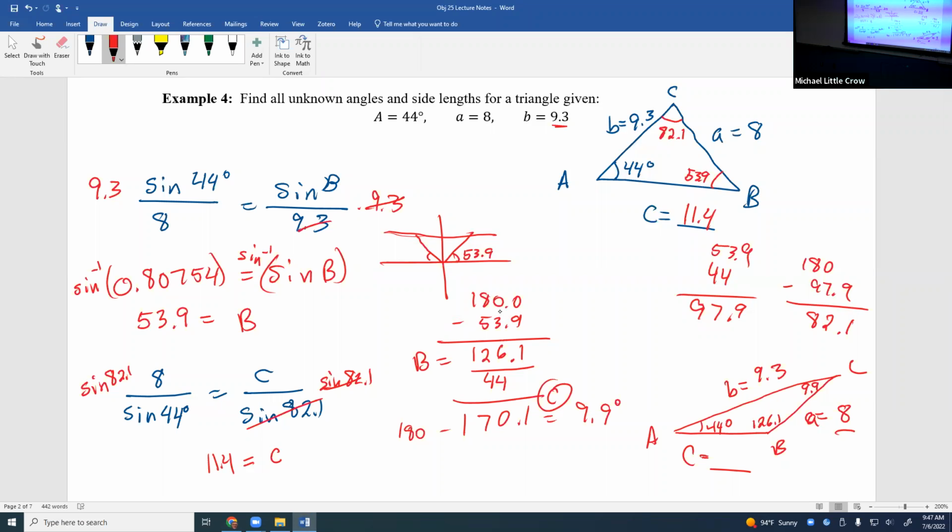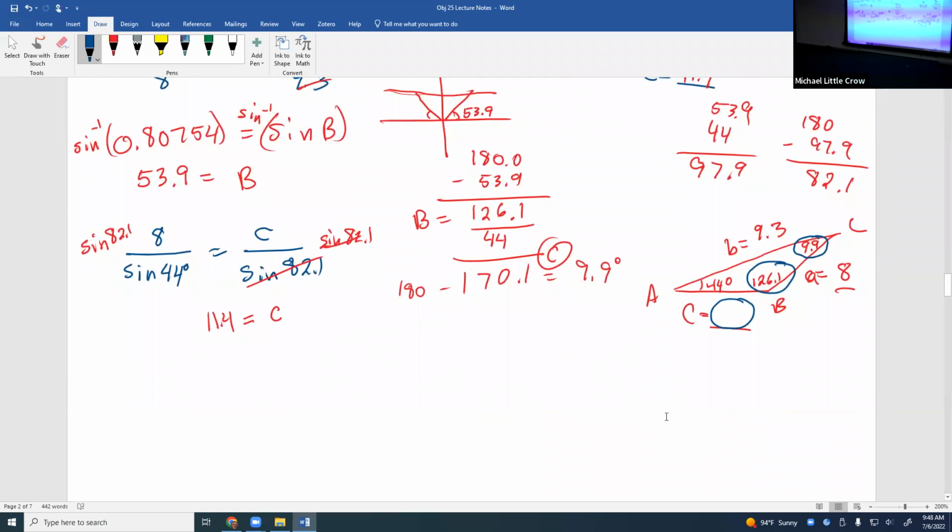So the red is what we would put in as one solution, these angles. For this second solution, we would do the ones that I've got circled in blue. And you could do this check. We'll check this to make sure it works out, but let's go ahead and find c. We'll do basically the same thing we did here.